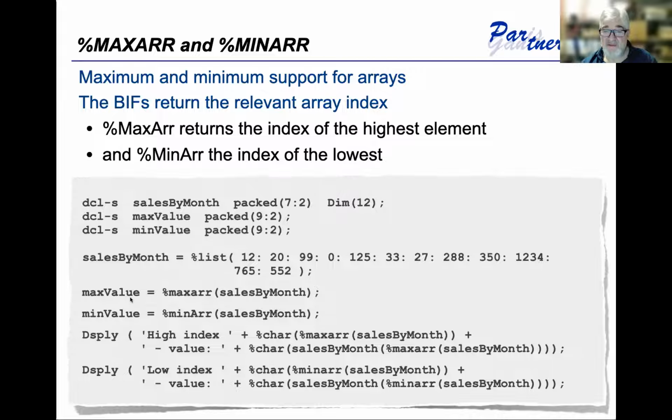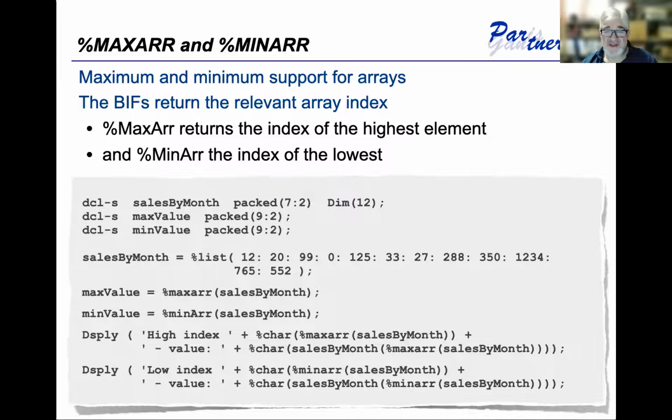And then I can say the max value is the maximum from the array sales by month, and the min value is at this position. This little display statement here just says the high index is this one, and its actual value is this. If you type this code in and run it, you'll see it just works nicely. So it's a nice clean way of obtaining the highest and lowest values within an array.